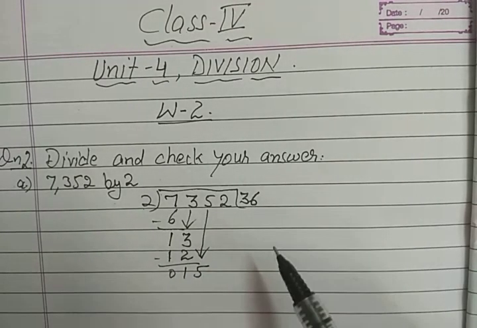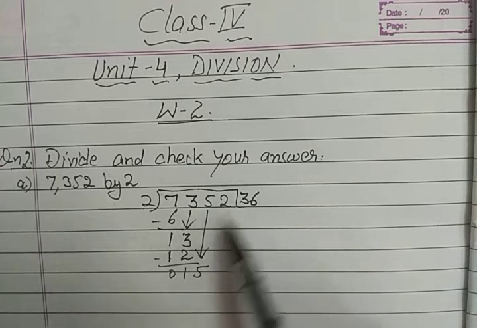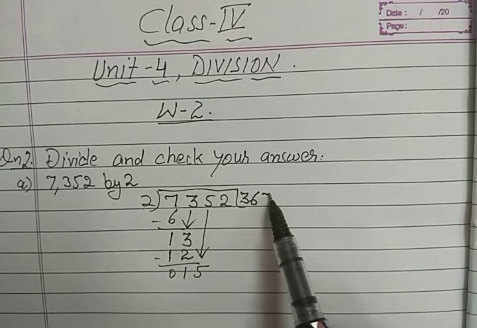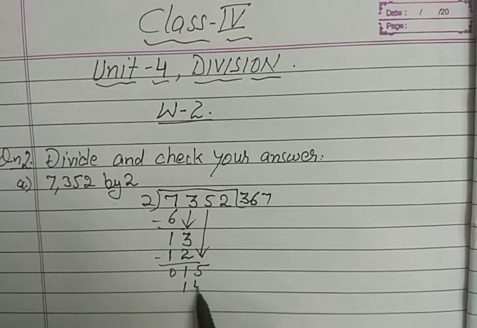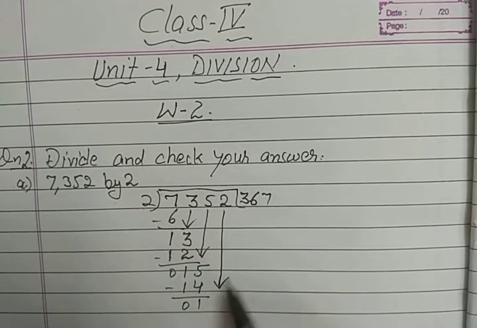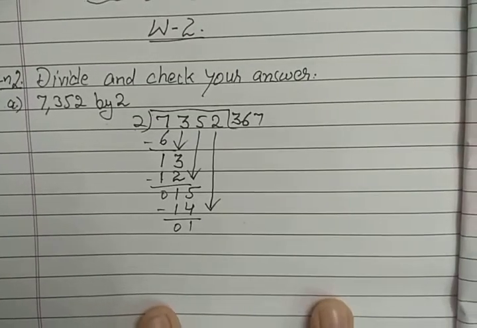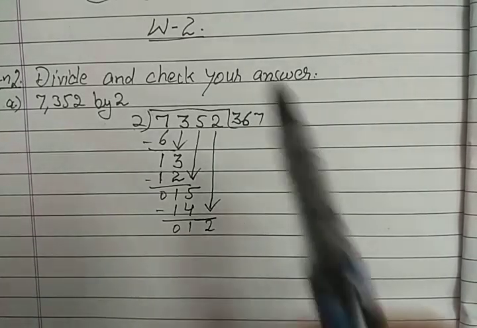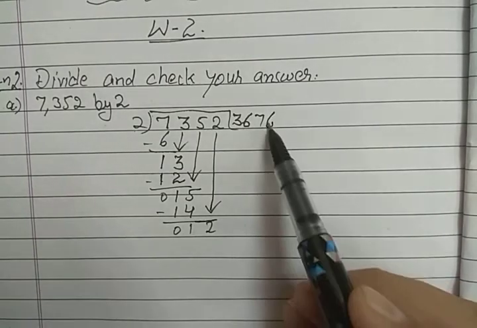Now 2 7s are 14 and 2 8s are 16. So again it does not come in the table of 2. So we will write 2 7s are 14. Now subtract it. 1 is left. What will come down now? It is 2. Now recite the table of 2 till 12. 2 6s are 12.